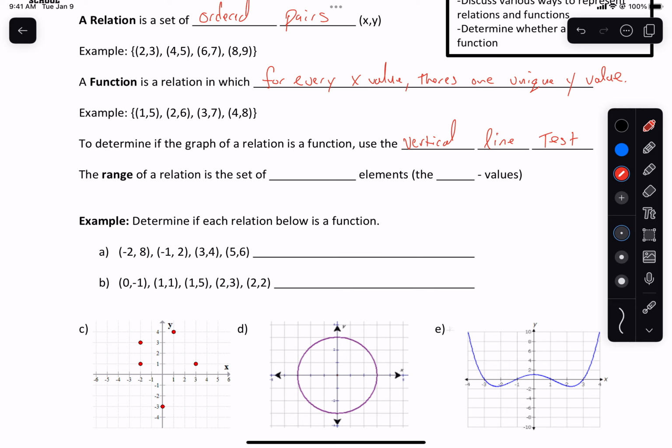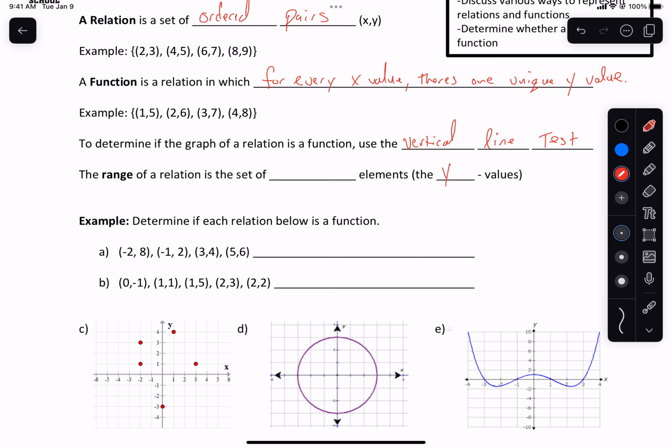So that means the range of a relation is the set of... do we know what the range is? We have domain and range. Those are your two words. Do we know what range is in relation to a graph? Gabe? The y values, okay? So it's the y values. Do we know what we call the y values? There's two words, dependent and independent.